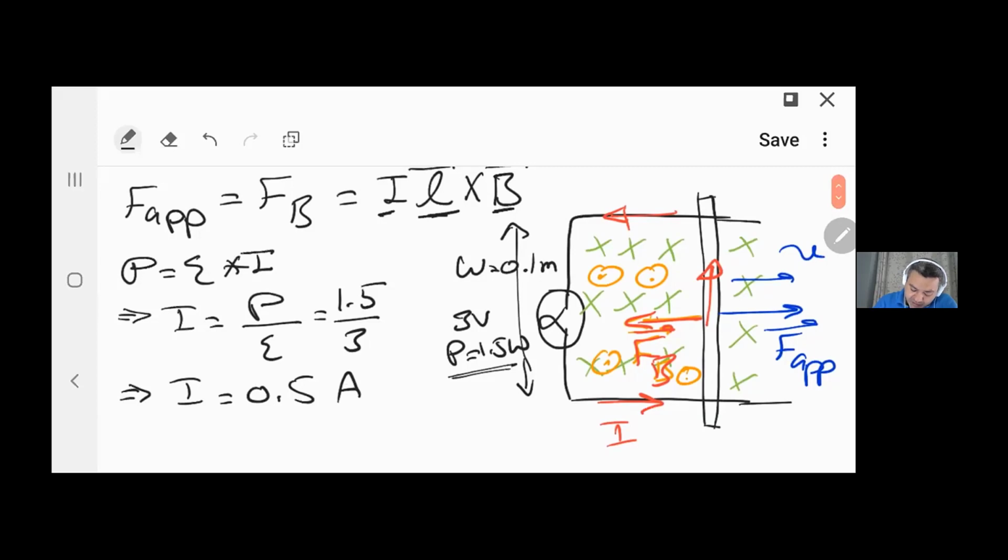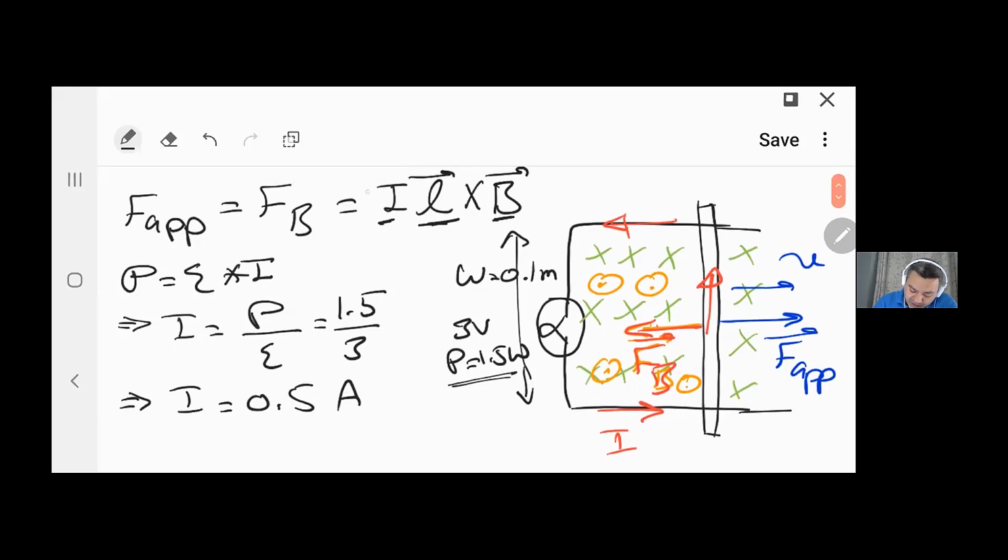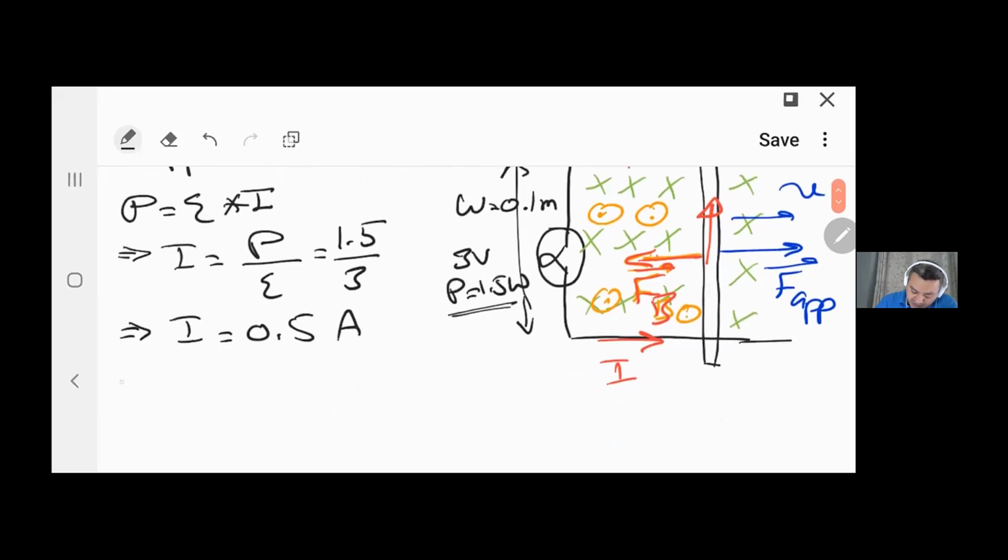So I know this is a magnitude. So I know F_app now equals the current I, L is the W. Now the magnetic field is right perpendicular on the bar, which means this is going to become ILB.